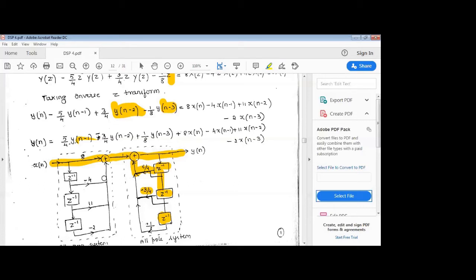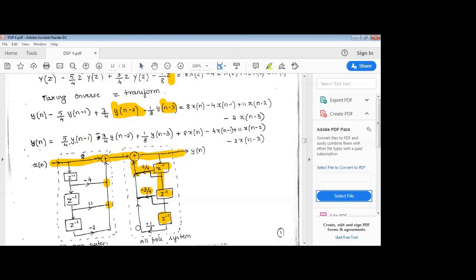That is minus 4 into x of n minus 1. So I'm multiplying the first delay element with minus 4, so this will become minus 4 into x of n minus 1. I can put a summing point here, and one more summing point, and here also one more summing point.